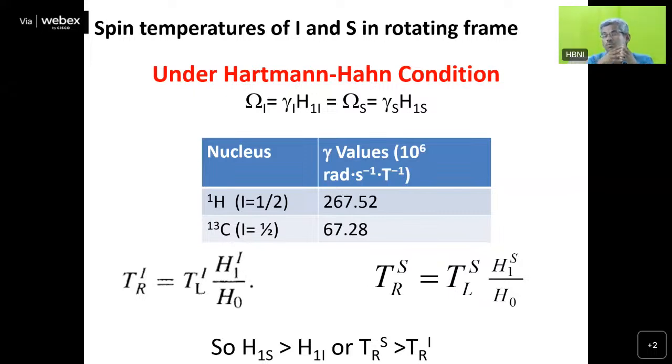So if you consider the same logic here, the S nucleus becomes cold. Once the S nucleus becomes cold, the ground state population of the S nucleus increases, and the moment the ground state population increases, the absorption cross section increases, or not cross section, the extent of absorption, and you see enhancement in the signal. This way, the signal gets enhanced in cross polarization.